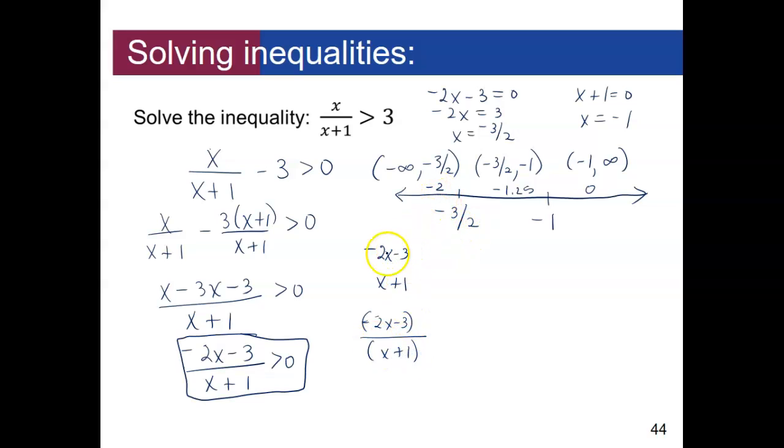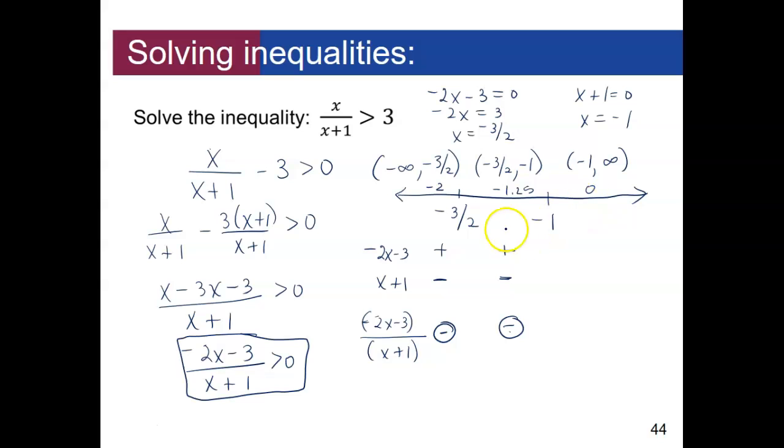If I plug negative 2 into this one, I'm going to have a positive. If I plug negative 2 in, I'm going to have a negative. Positive divided by a negative is going to give me a negative. If I plug this in, I'm going to get a positive. If I plug this in here, I'm going to get a negative. So I'm going to end up with a negative.